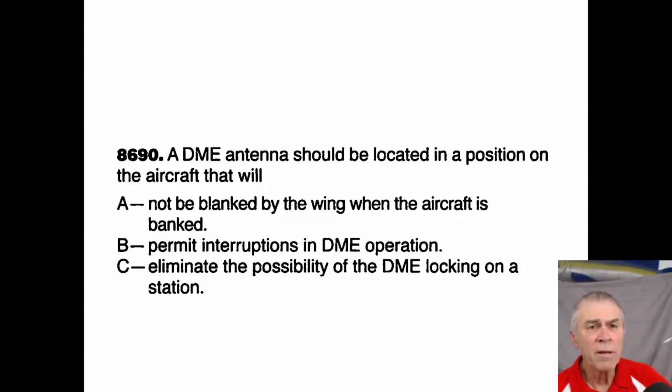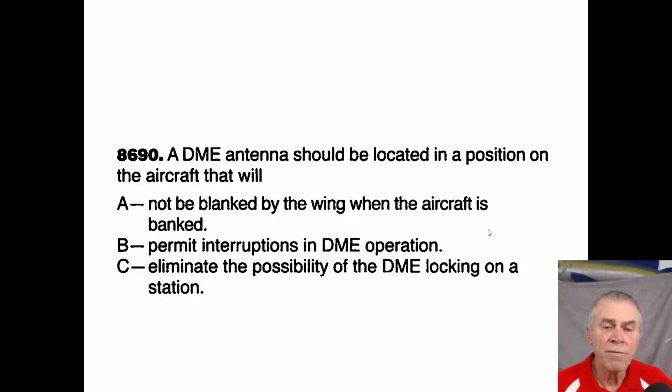So yes, installing an antenna, the only concern you'd really have is to make sure that it's in a position so the wings aren't going to block it off. So maybe it is located further aft, depending on where the fuselage allows, or maybe all the way forward.